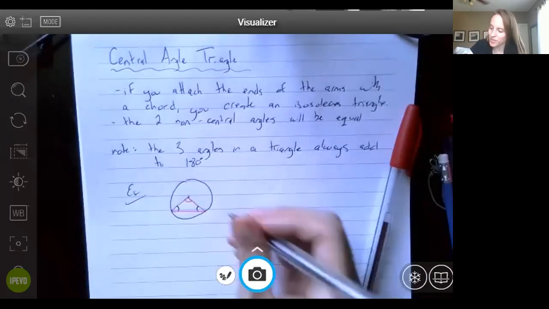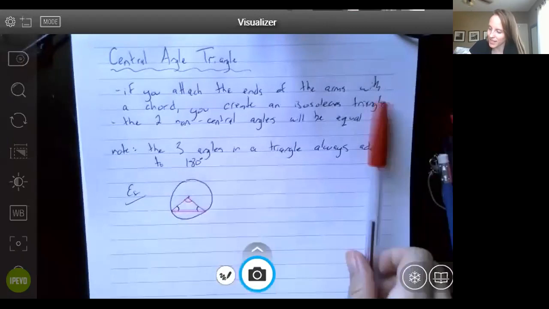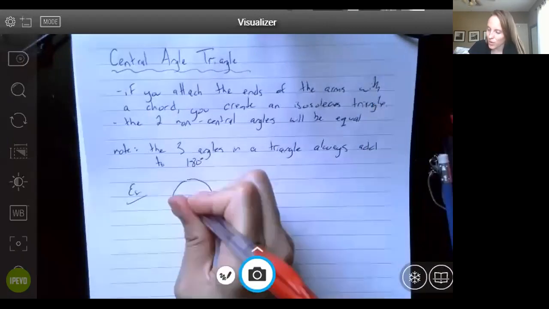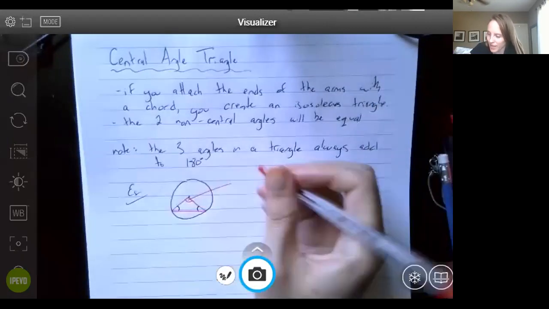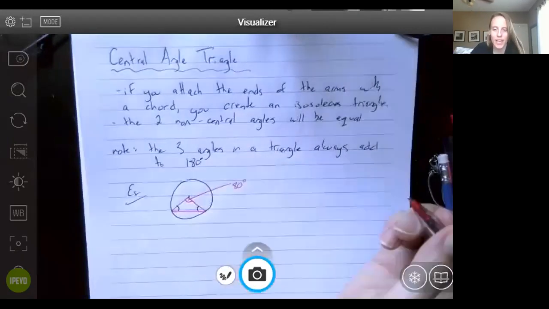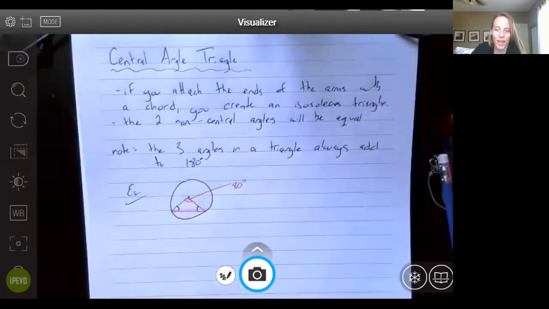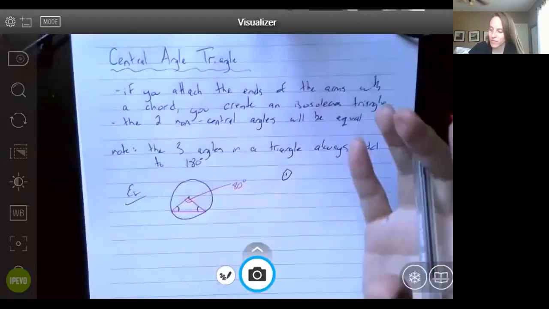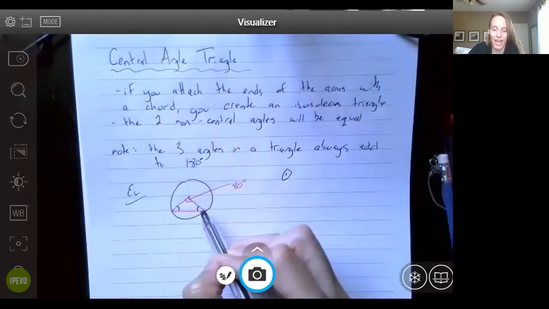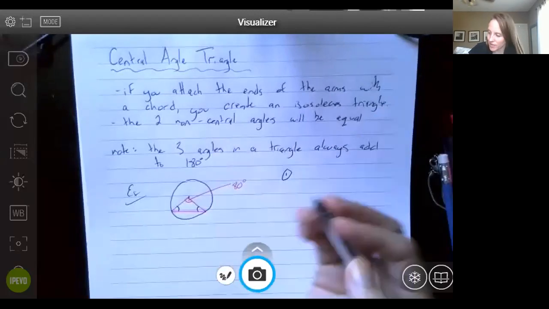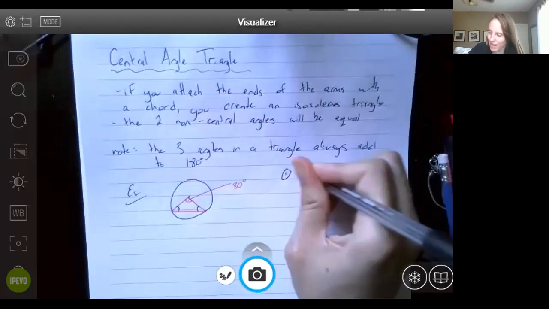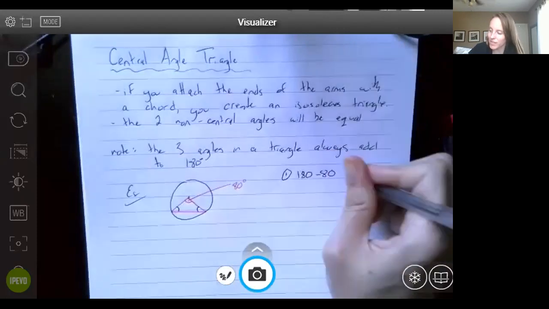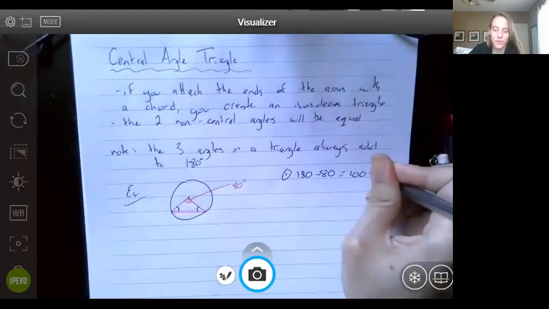So if I told you that my central angle here was 80 degrees, and I wanted you to tell me what the other 2 angles are, the way we would do that is we would say, okay, I know that the entire triangle, 3 angles, add to 180. So if I just do 180 minus the angle that I know, that's going to give me, in this case, 100 degrees.